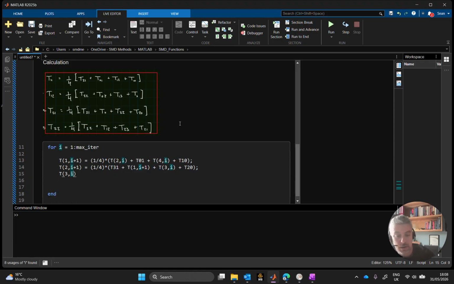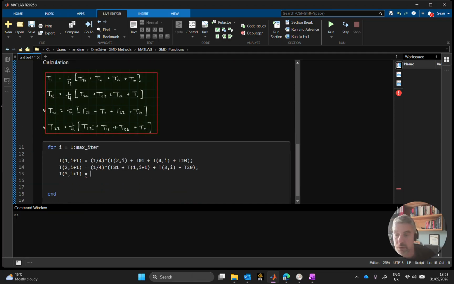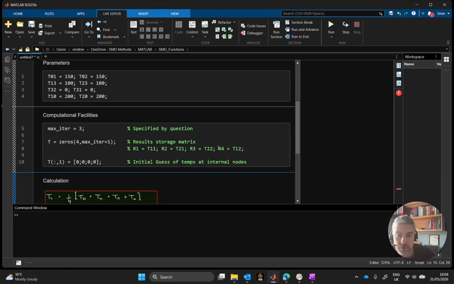Third, I plus 1 is equal to, so in my third row I'm solving for T22, which is this equation here. One quarter multiplied by T32 plus T12. Now, have we solved for T12 just yet? No, T12 was in my fourth one.